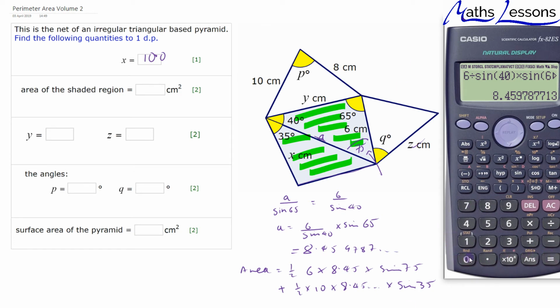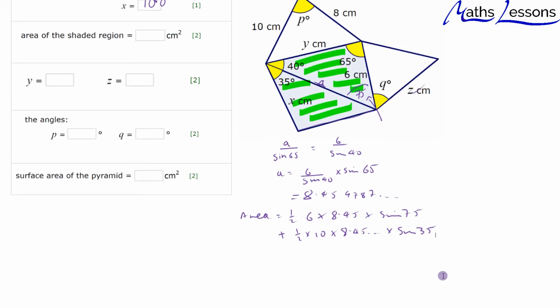And I'm then going to do 0.5 times 6 times the answer times sine of 75. Add on to that 0.5 times 10 times answer times sine of 35. And using the answer means I keep all the digits that I would have had in here. Okay, press equals.